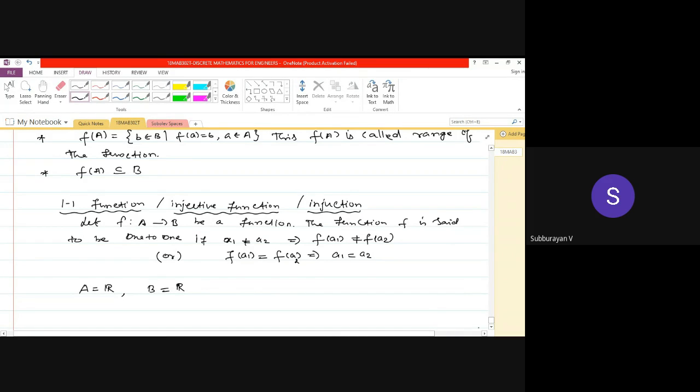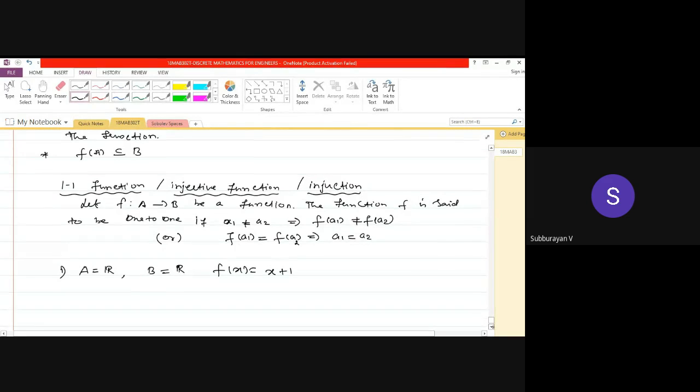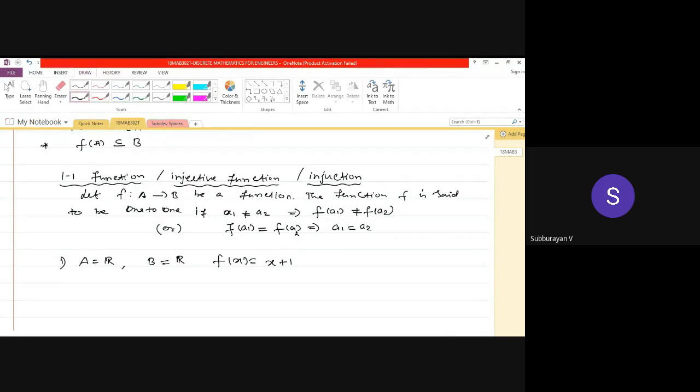Both are the set of real numbers, and I define f of x equal to x plus 1. Is it a 1-to-1 function? Yes, sir. Why? What is the reason?